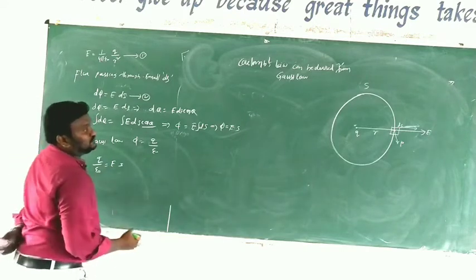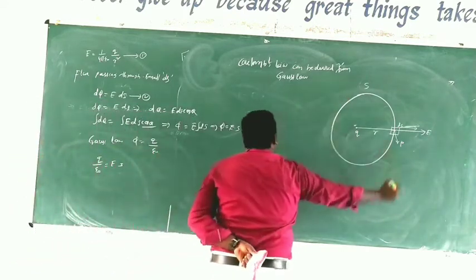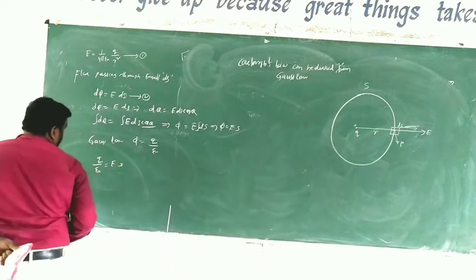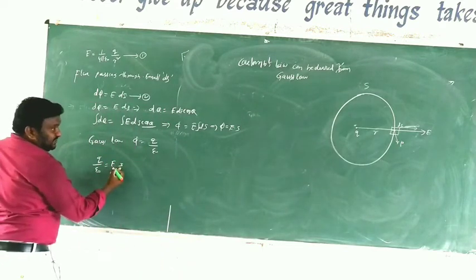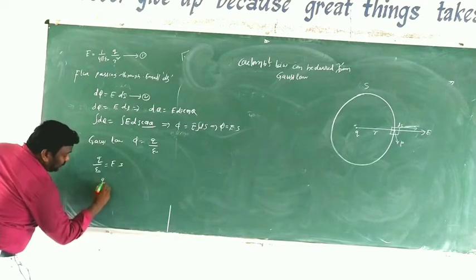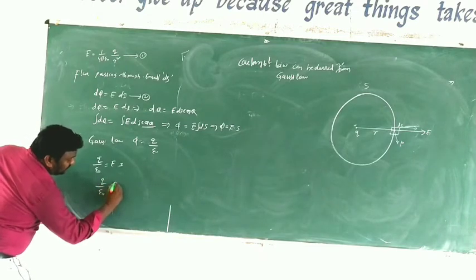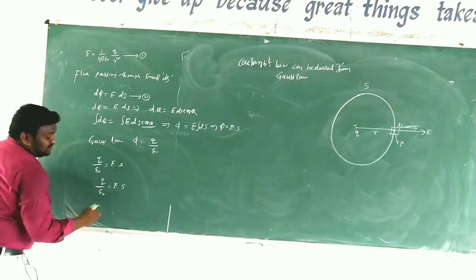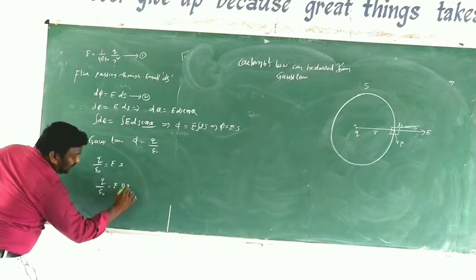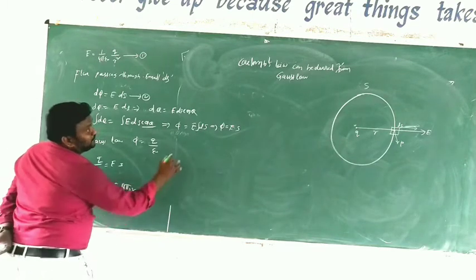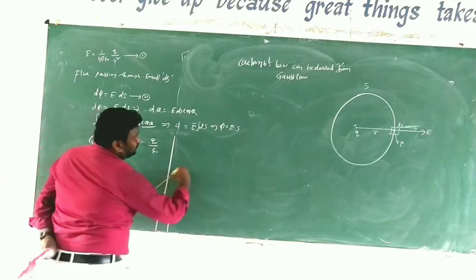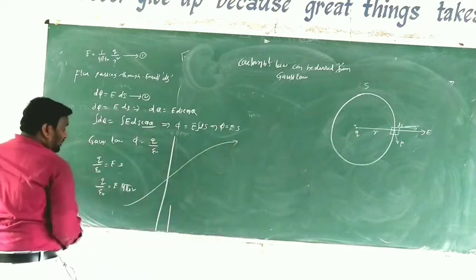Here what is S? The surface area of the Gaussian surface. Since it is a sphere, that's why 4 pi r square. Q by epsilon naught is equal to E into S, where S means 4 pi r square. Then from that, what do you write?